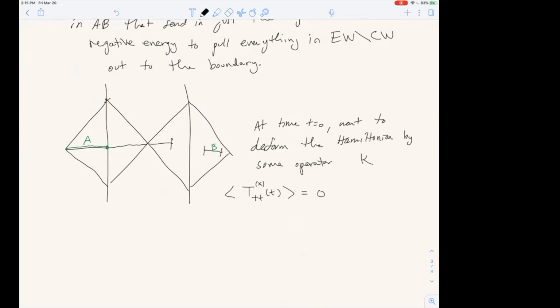I should say that the state that's considered here, there's a Minkowski plane here, and the state is taken to be the vacuum on this Minkowski metric, okay, which is the canonical choice for AdS2. So before, the stress energy is going to be this, and then after, it's going to be given by, so this is t less than 0. Afterwards, it's going to be given by e to the ik lambda, e to the minus ik lambda.